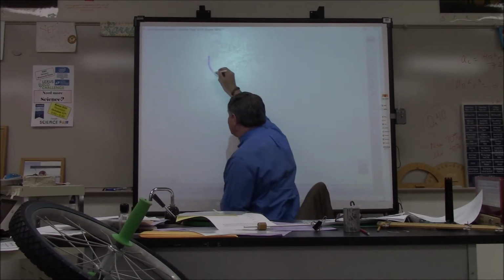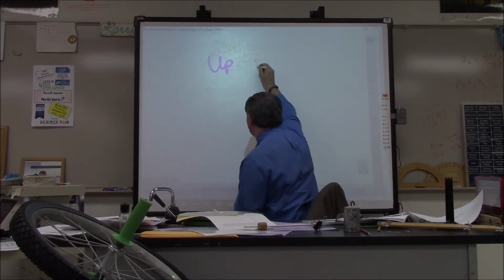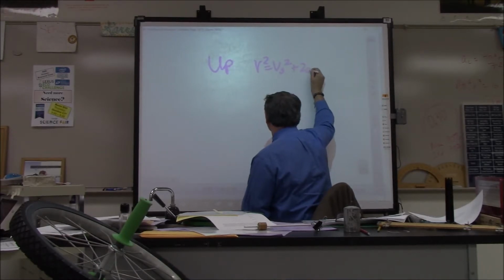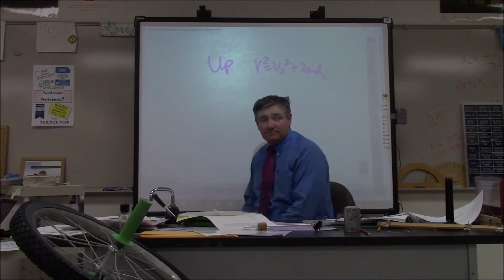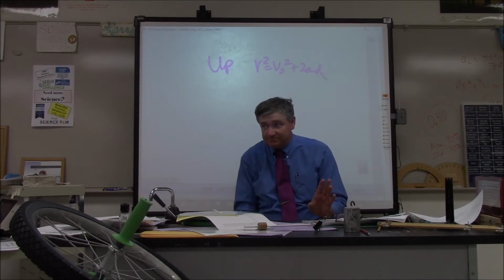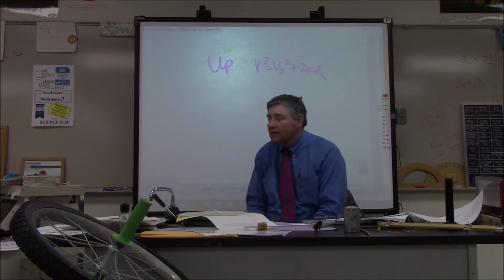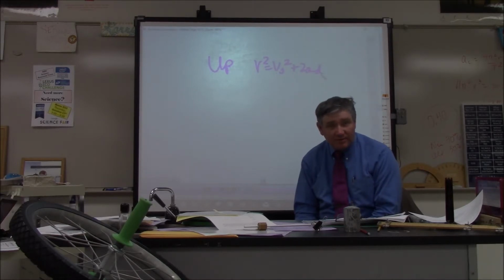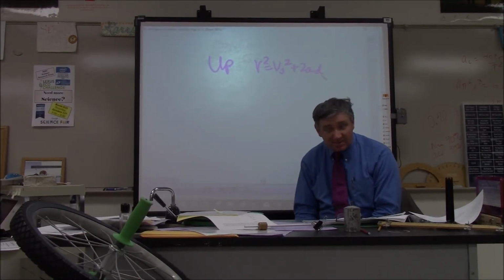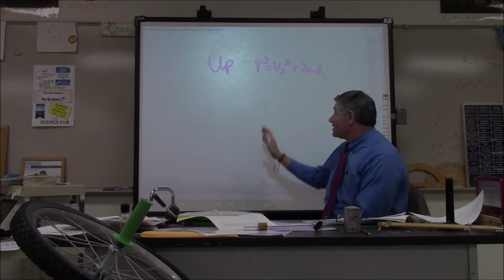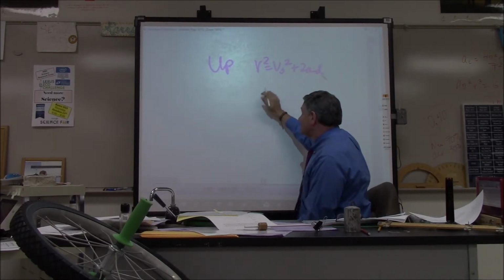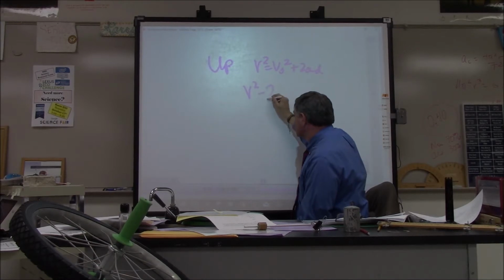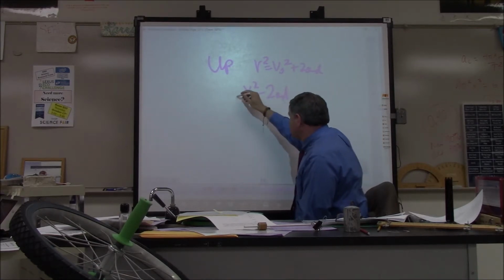On the way up, we're going to use v squared equals v naught squared plus 2ad. That's what we're going to do. Cool with that? But what am I searching for? I'm searching for v naught. So how am I going to get v naught by itself? Subtract 2ad and then take the square root.